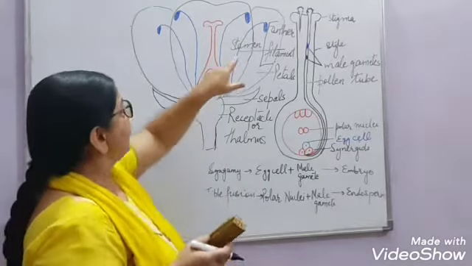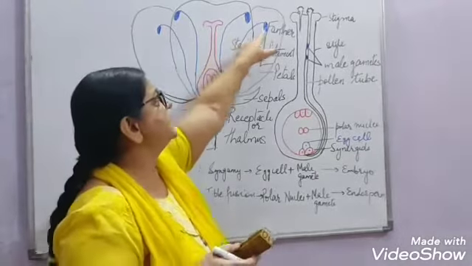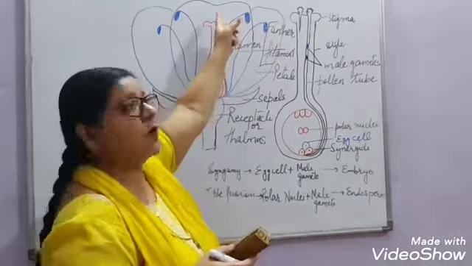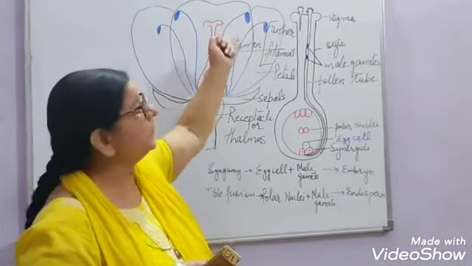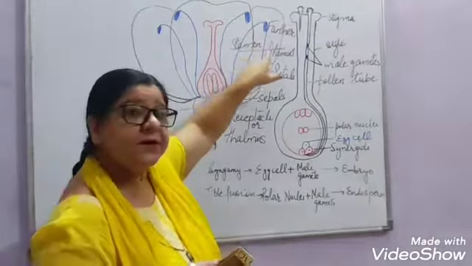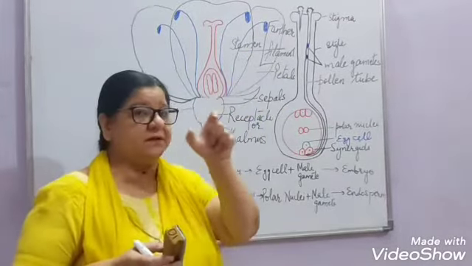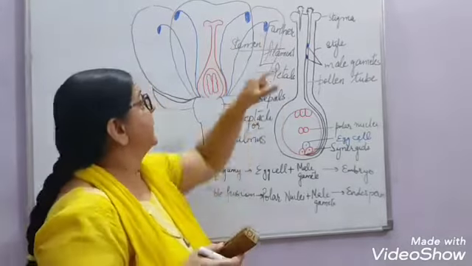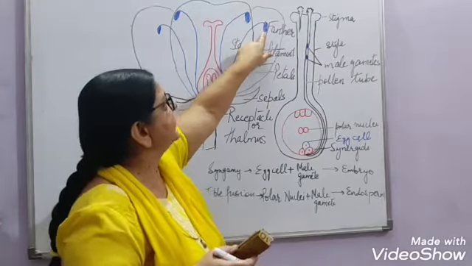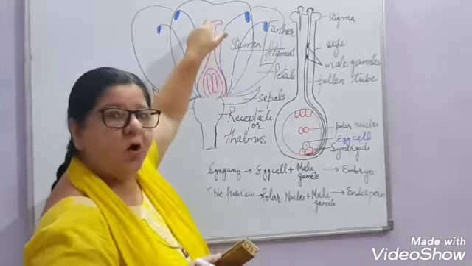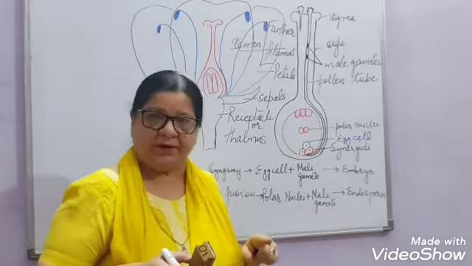Right? So, for fertilization to occur, first of all, pollen grains should fall on the stigma of the flower. Now, this transfer of pollen grains, please learn this definition. Transfer of pollen grains from the anther to the stigma of a flower is known as pollination.